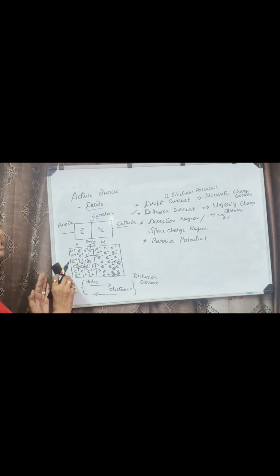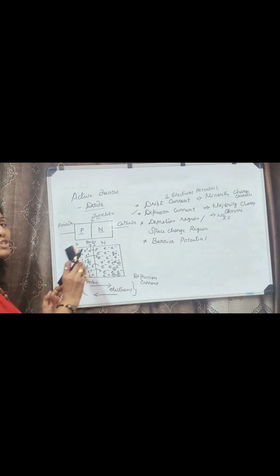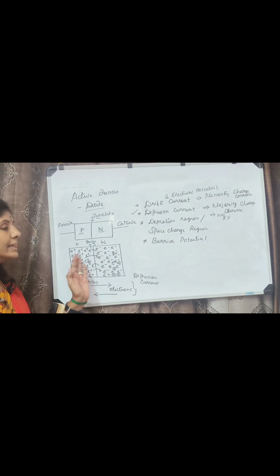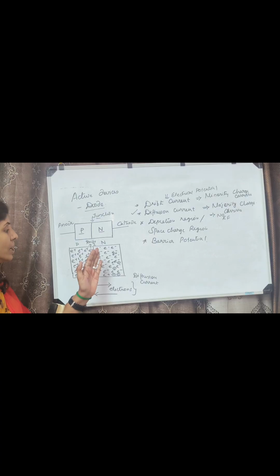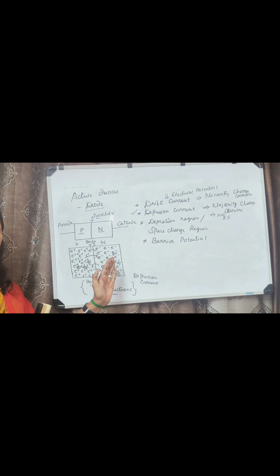This is not a proper distribution of the charge carriers inside the P region as well as the N region. So what will these majority and minority charge carriers do? They want to move from their own region to the other region to make the PN junction an equally distributed region.